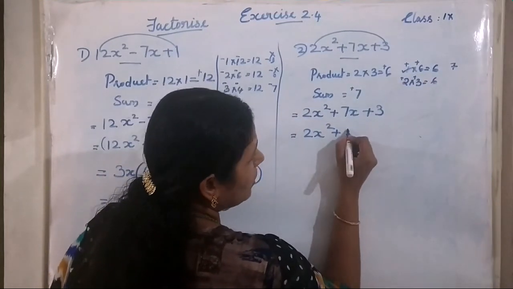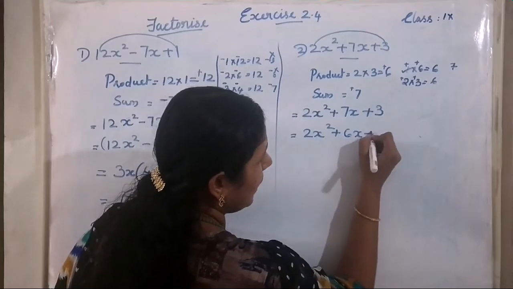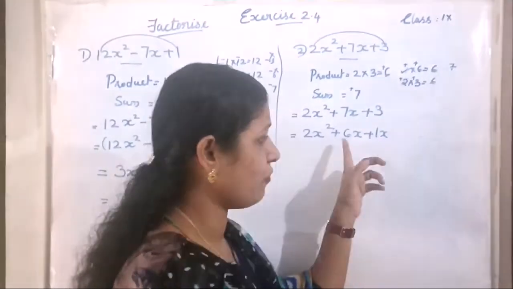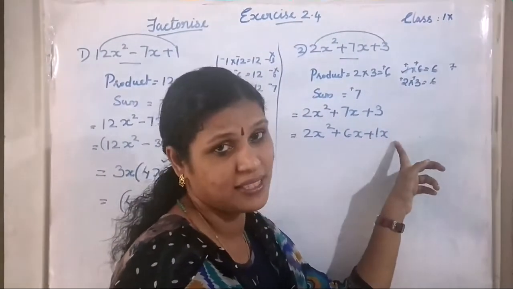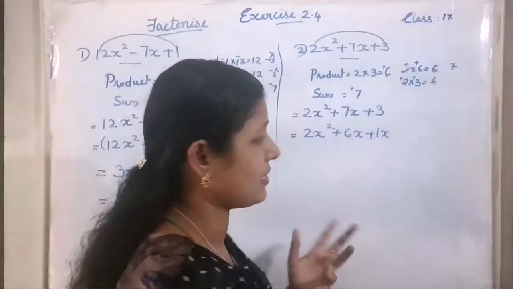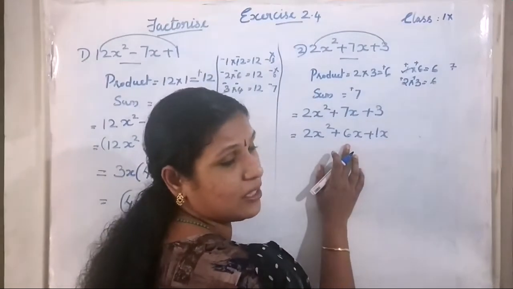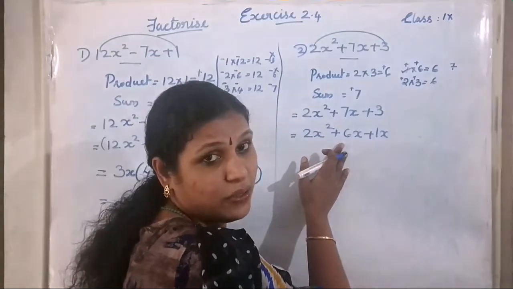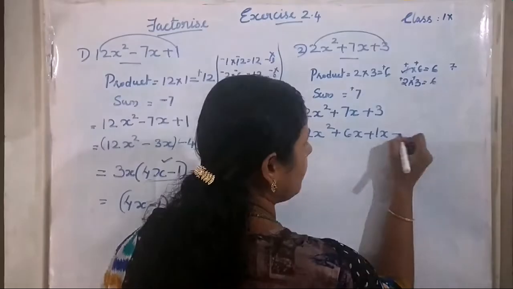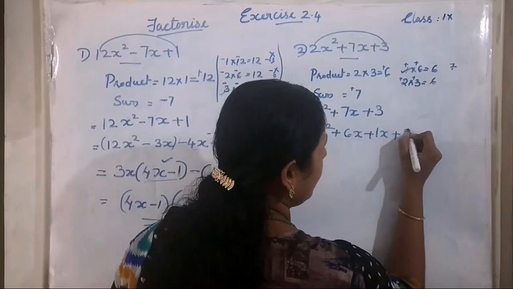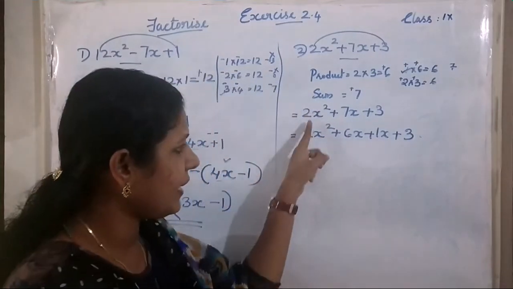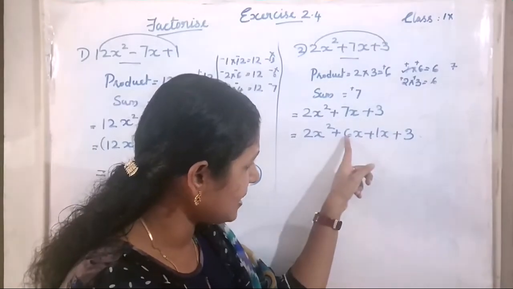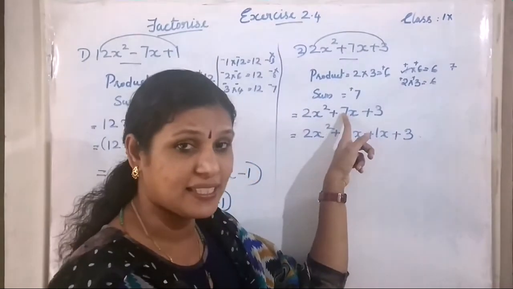That is 6x plus 1x or 1x plus 6x. You can write 1x or 6x first, any way you can write. Here I write 6x first. If you want 1x first, you can write 1x here. It's not a problem. Then that is 2x square plus 6x plus 1x plus 3. That 6x plus 1x is 7x.